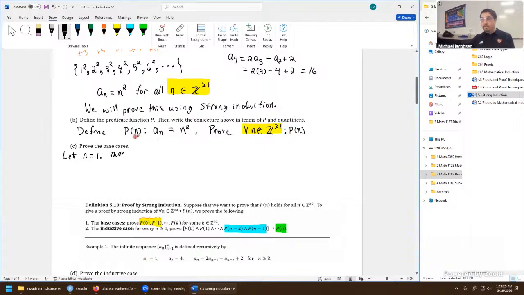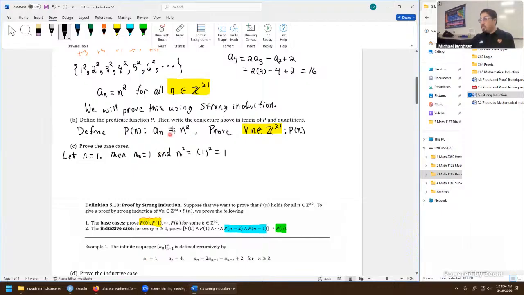So we go back to the predicate function. There's two sides, so we analyze both sides independently. We can say then a_n, we know by the definition of the sequence down here, it's just 1, so we can throw that on paper. And we conjecture it equals n squared, so let's put that out. n squared is going to be equal to 1 squared.